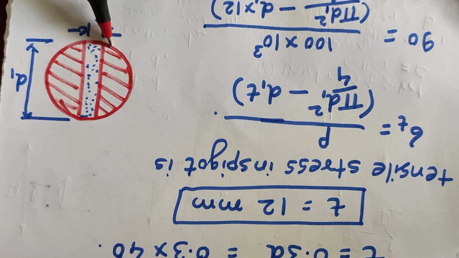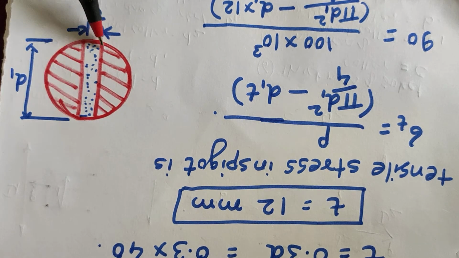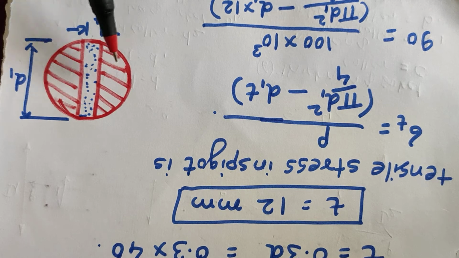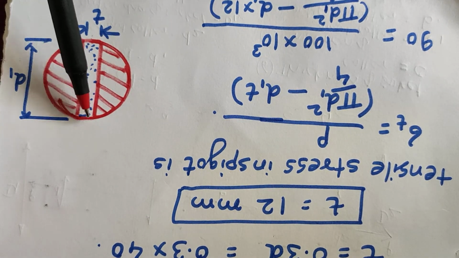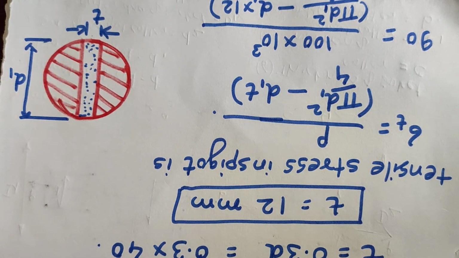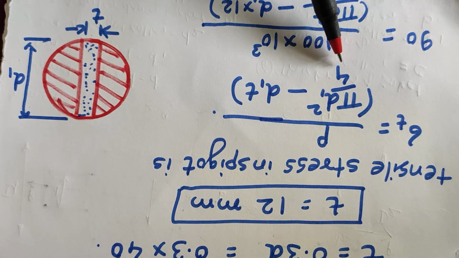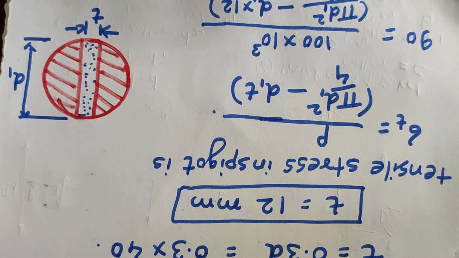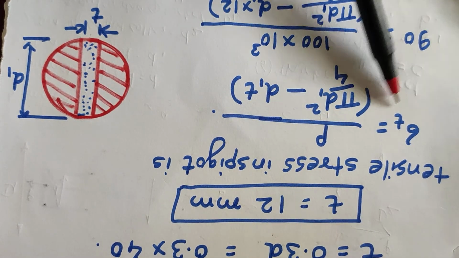Considering this as a rectangle, the area of this slot will be d1 into t. So the area subjected to the tensile load is area of the circle minus area of this quarter slot. So this is pi d1 square divided by 4 minus d1 into t. So if you put the values of the sigma t is given.